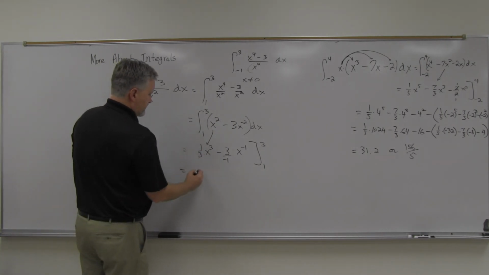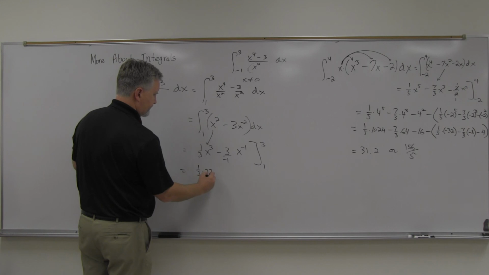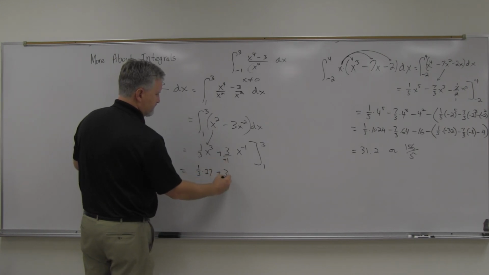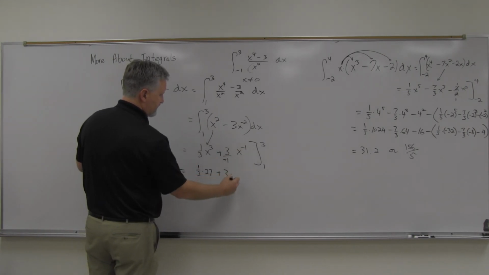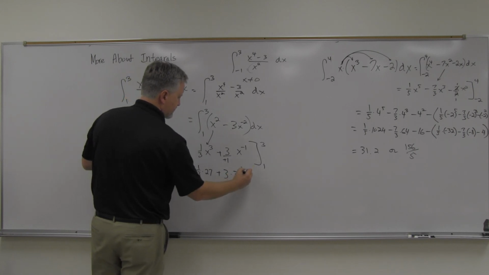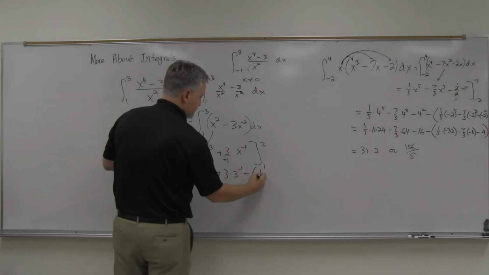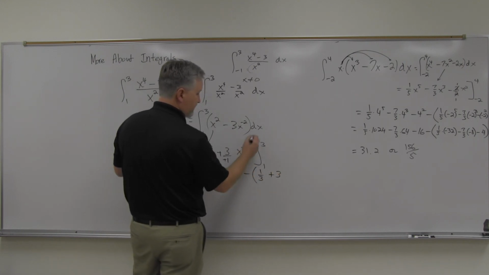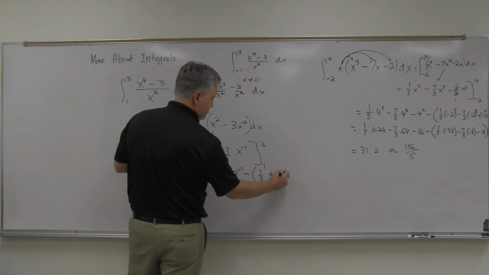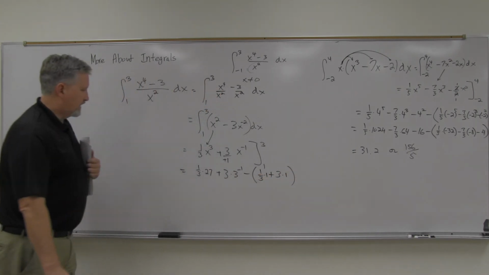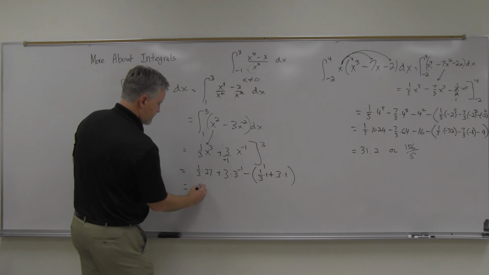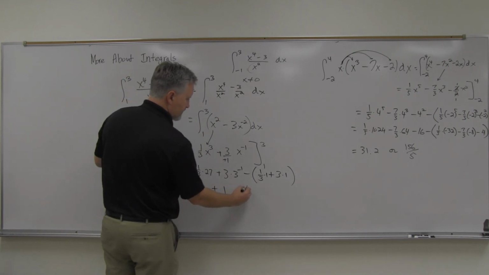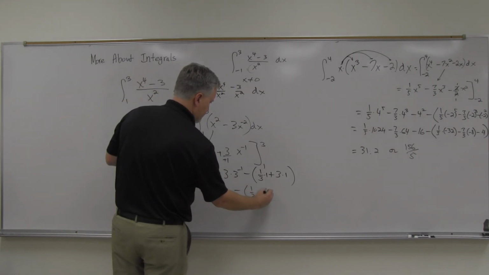So that's 1/3 of 27, again plus 3 times 3 to the negative 1. Then minus plugging in the 1. 1 cubed is 1, so it'd be 1/3, plus 1 to the negative 1 is 1. So it's just 1 in both cases. So what do we get? 9, that'd be 1, minus 1/3 plus 3.